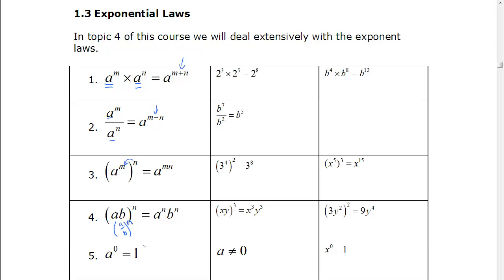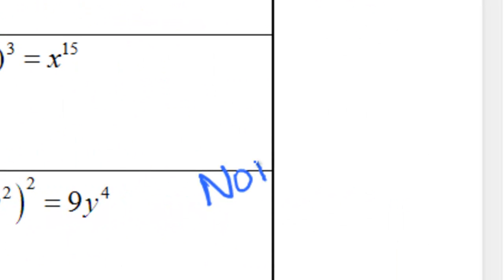so multiplied or divided, then we can bring the exponent in to each of the terms inside. So that's for multiplication or for division, not addition or subtraction. I'm actually going to write that over here, that this is not a rule, because this is probably the most common mistake that students make here.